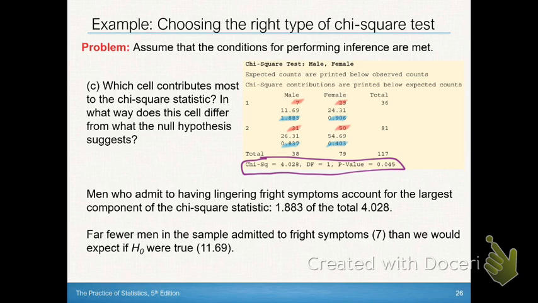If we want to know which of these 4 areas, whether they were male or female and whether they had the fright symptoms, contributed the most, we're looking at the blue highlights and finding the largest number. So the males that had the fright symptoms were the biggest contributor. They had the largest part of the chi-squared statistic.